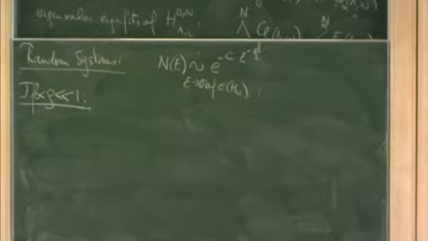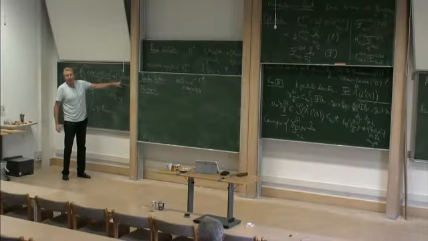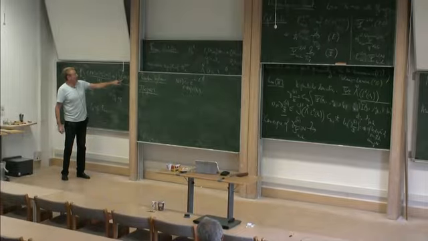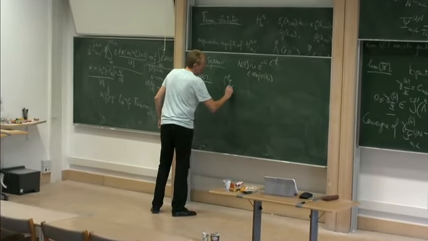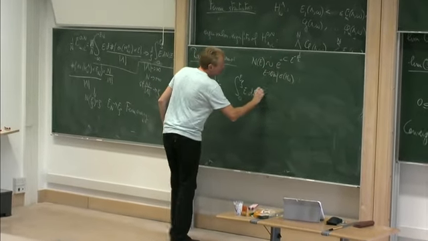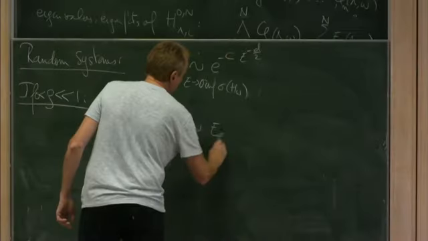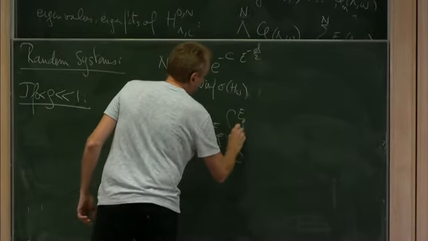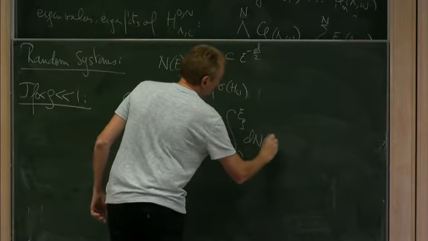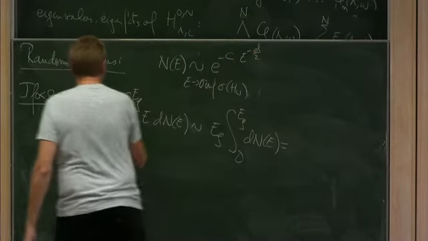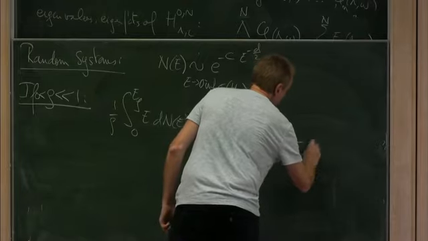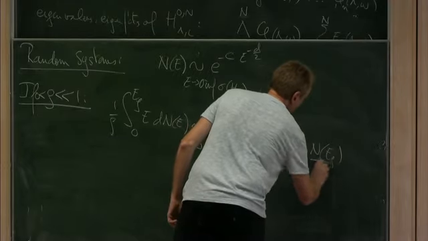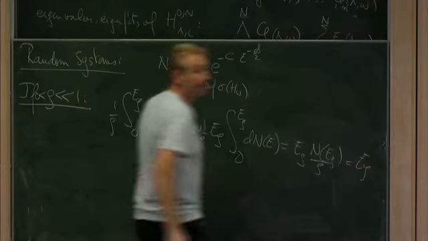This integral from 0 to e rho of E dn of E is going to be roughly e rho times n of e rho, meaning e rho.